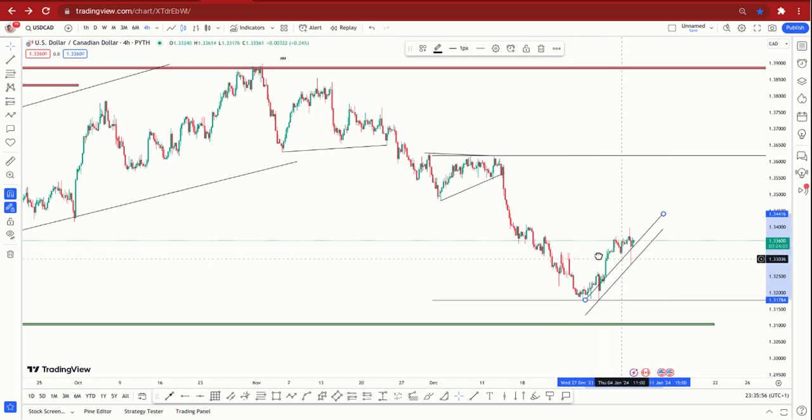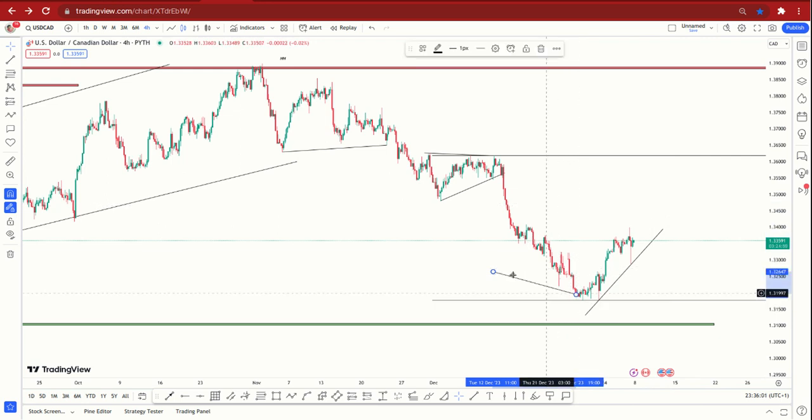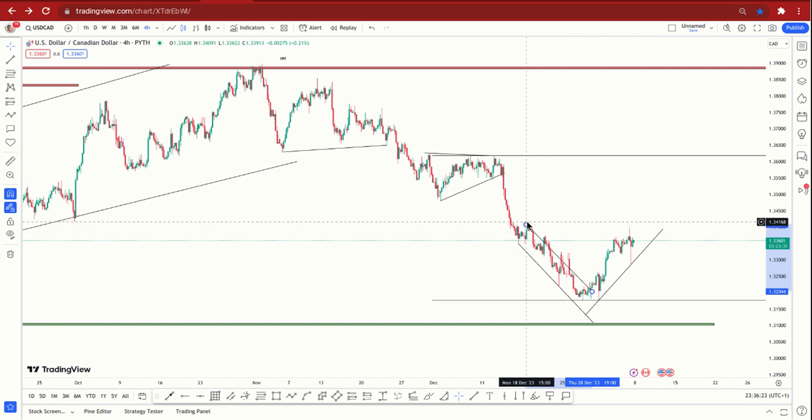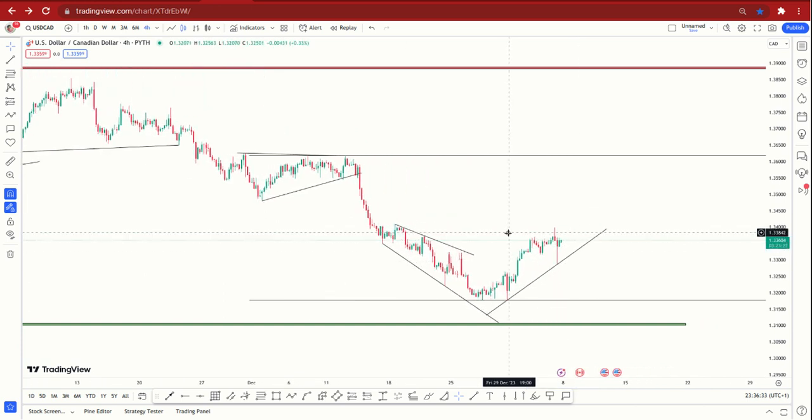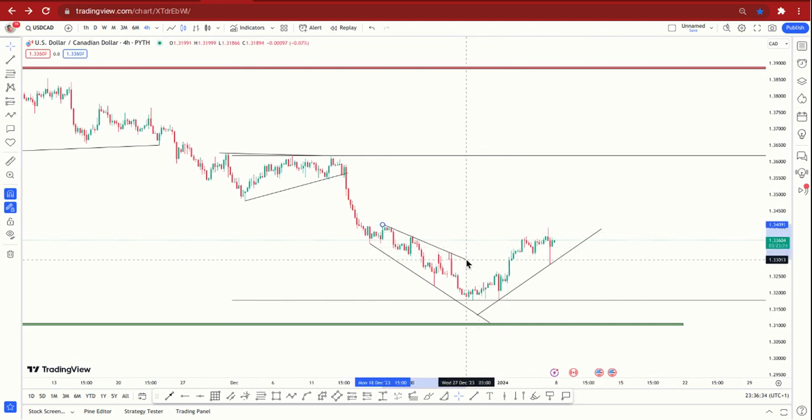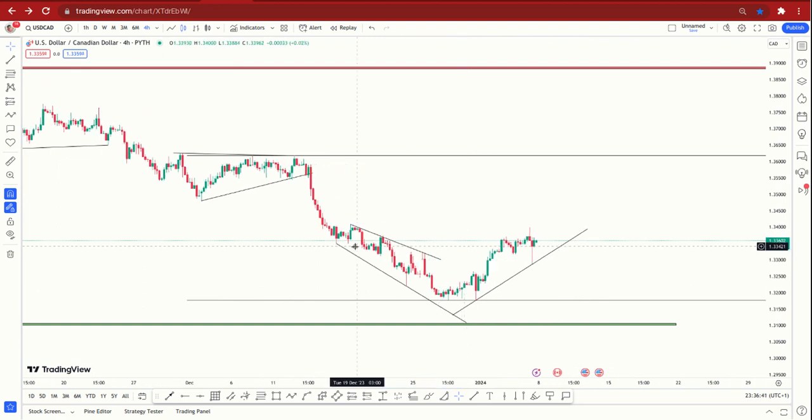So this is a descending trend for a pullback.